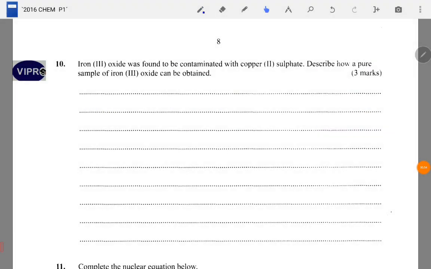Question 10. Iron 3 oxide was found to be contaminated with copper 2 sulfate. Describe, again description, we must give steps. The steps must be logical. How a pure sample of iron 3 oxide can be obtained. So we have 2 substances.